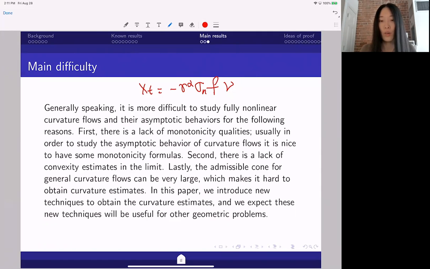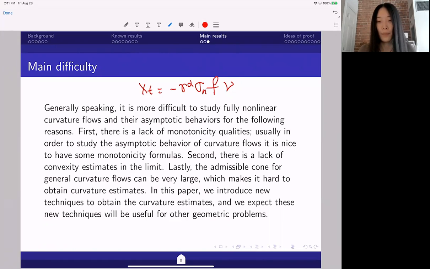As we all know, it is true for mean curvature flow, and Ben Andrews also proved that it is true for a large class of flows in dimension 2. But for n dimensions in general, it's not known for sigma_k curvature flow or for a large class of curvature flows.